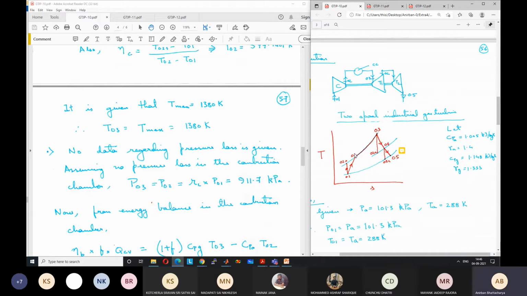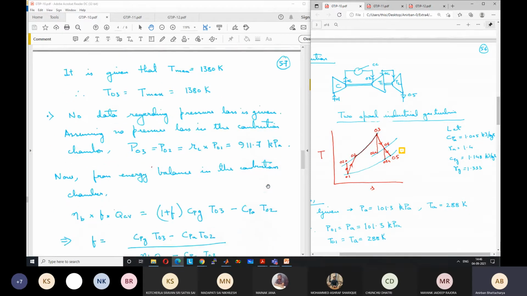In this case, P03 equals P02, and P02 we can find from P01 using the compressor pressure ratio. And we found that this is equal to 911.7 kilopascal.